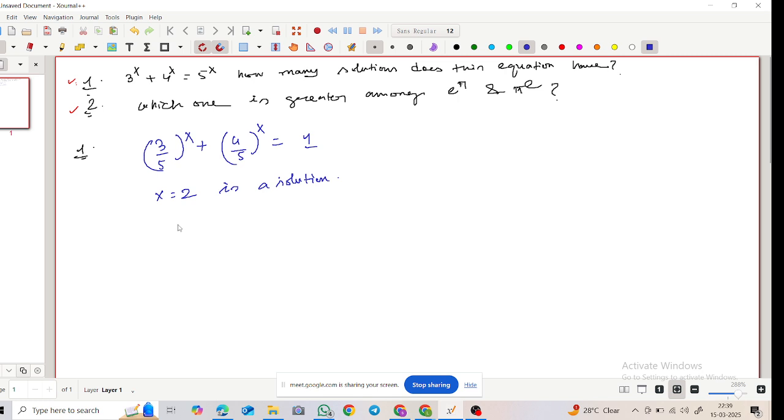So you can think of 3 by 5 as sine theta, and 4 by 5 as cos theta. Okay.